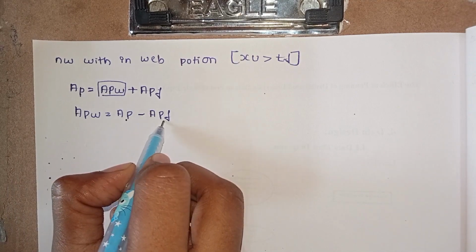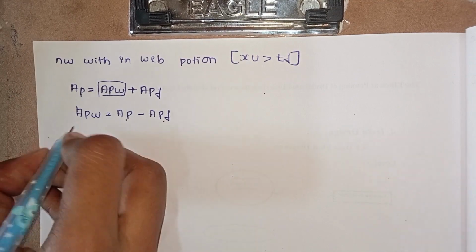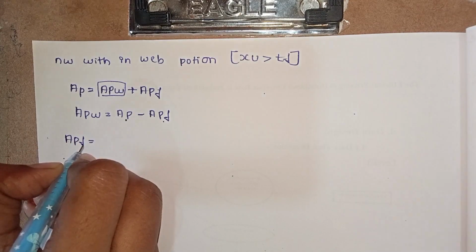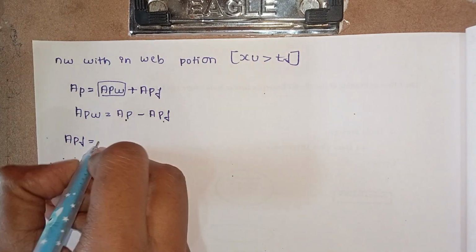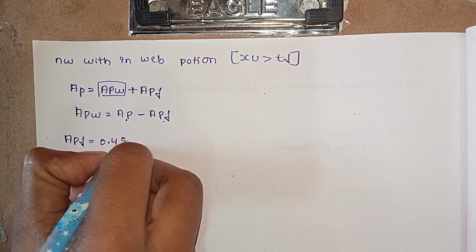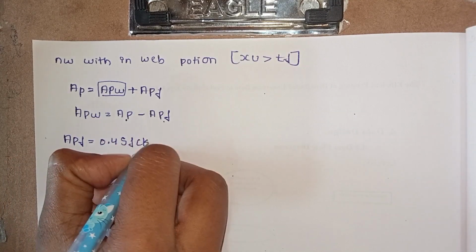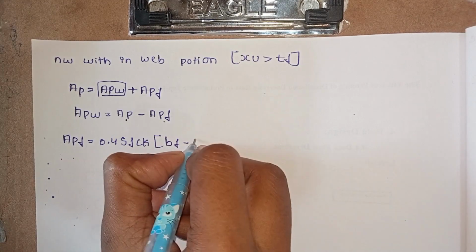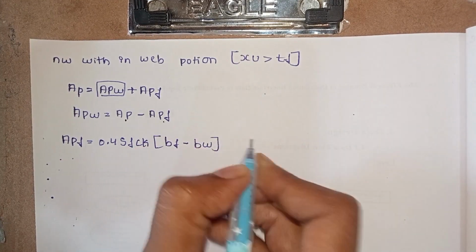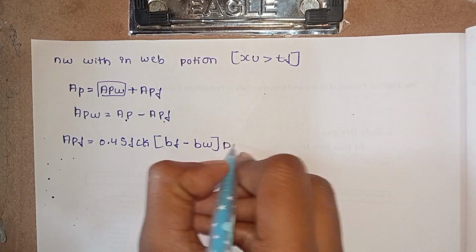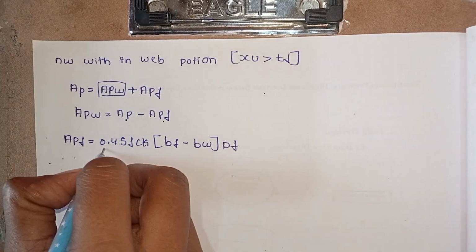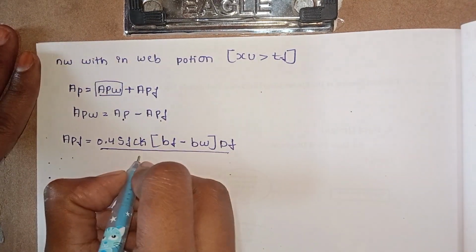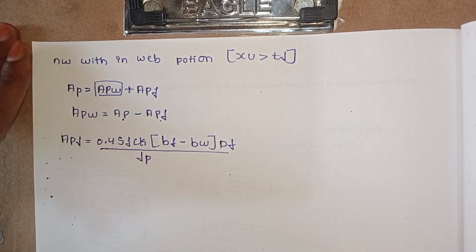Now we want the APF value, so the APF formula is APF equal to 0.45 FCK (BF minus BW) into DF, whole divided by FP.